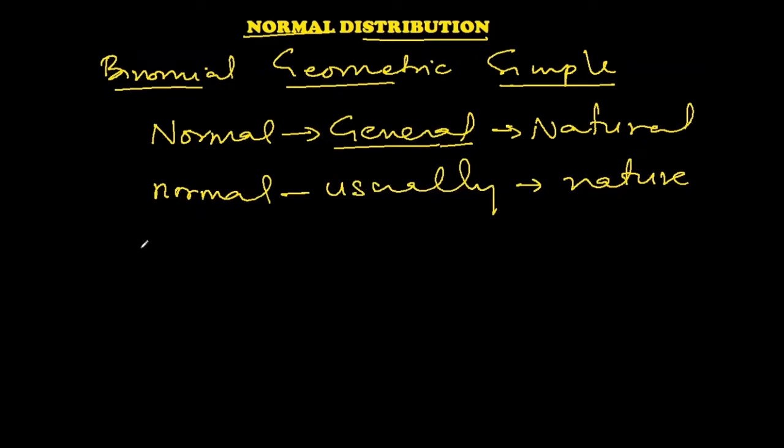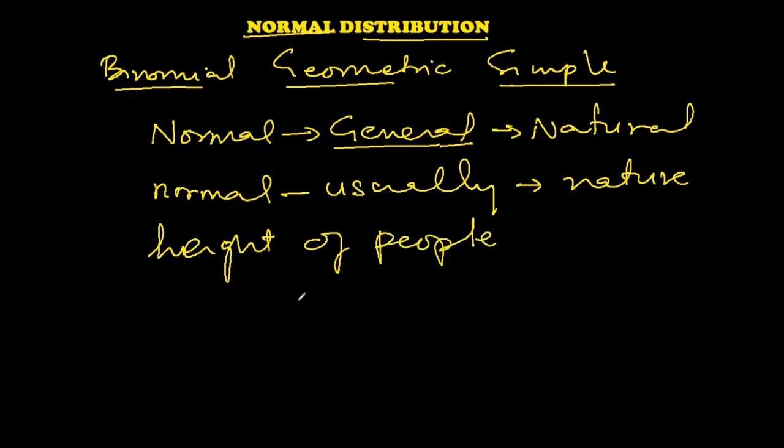suppose we take the distribution of heights of all the people in the world, and we draw a probability distribution table and then a probability distribution graph for it. So we will see that very few people are short in height.